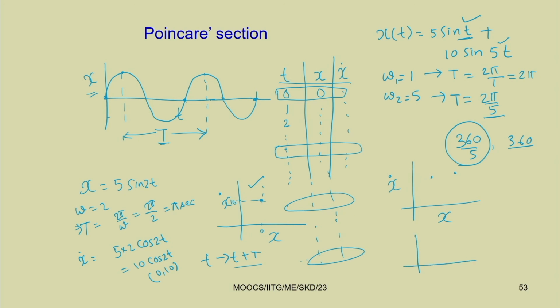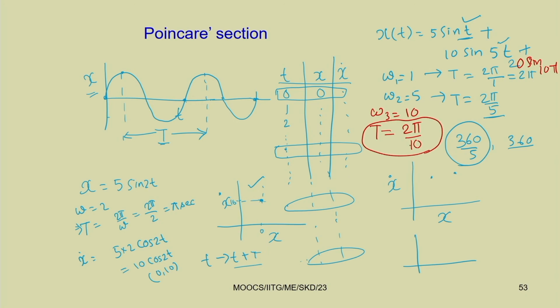Similarly, let me add another term: 20 sin 10t. In that case I have added another time period, T3. Here omega 3 equals 10, so the period is 2 pi by omega, that is 2 pi by 10, and you can sample with 2 pi by 10.